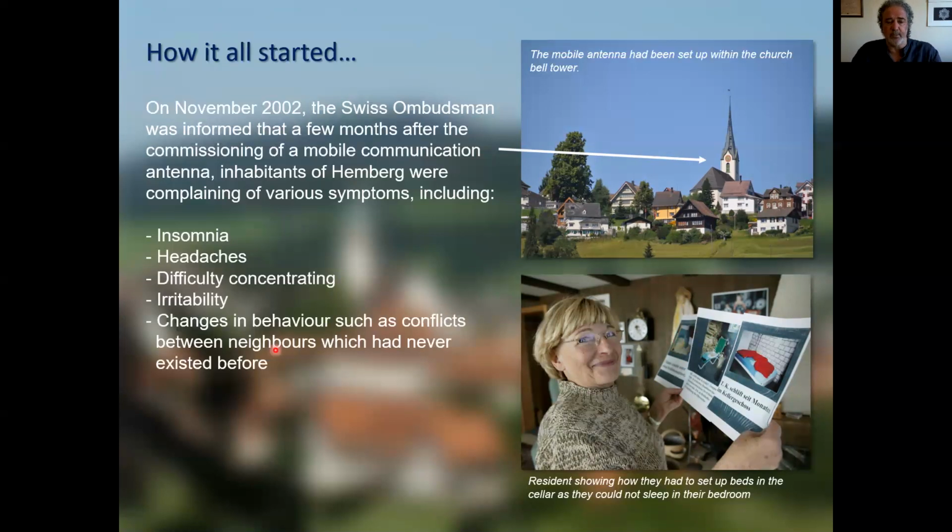Now, regarding the changes in behavior that were happening, the mayor, because obviously he was involved in this project, told Dr. Karim how, for example, there were neighbors who had lived next to each other for decades. Nobody had ever argued, but suddenly one person is arguing because the other person is parking his car close to their house, which had never happened before.